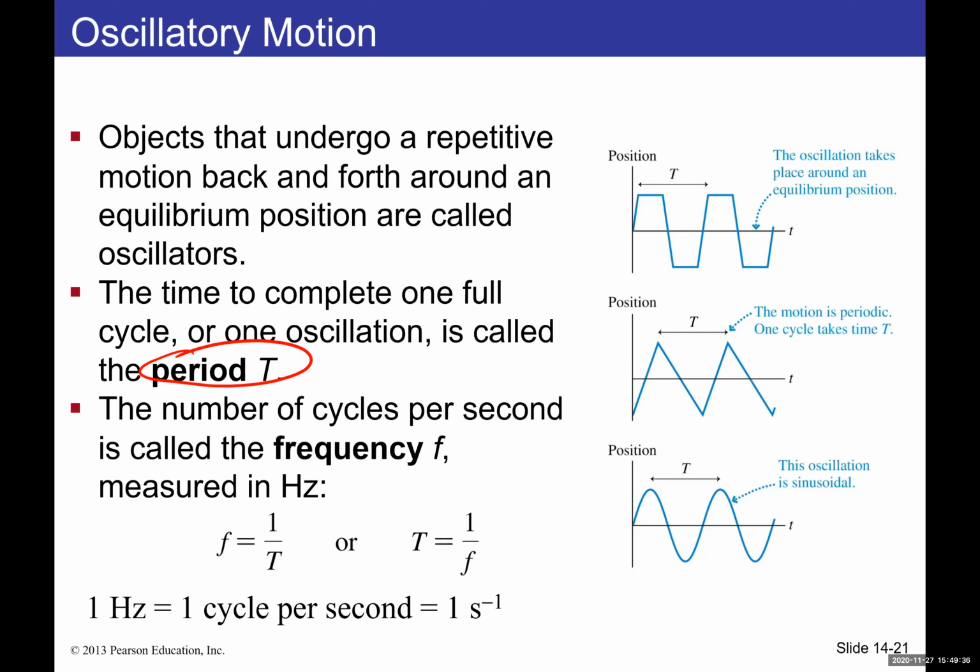So the frequency is the reciprocal of the period. So if the period is how long it takes for the system to oscillate one time, then the frequency is, in 1 second, how many times does it oscillate? So basically it's oscillations per unit time, where the period is time per oscillation.